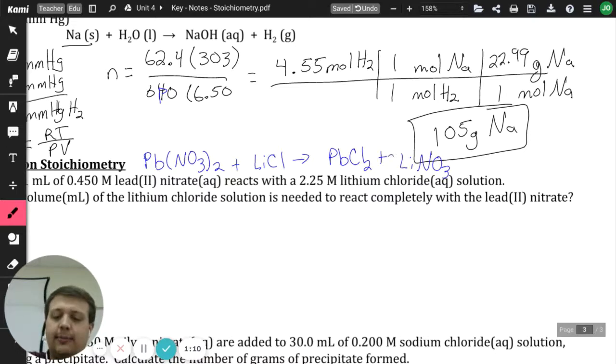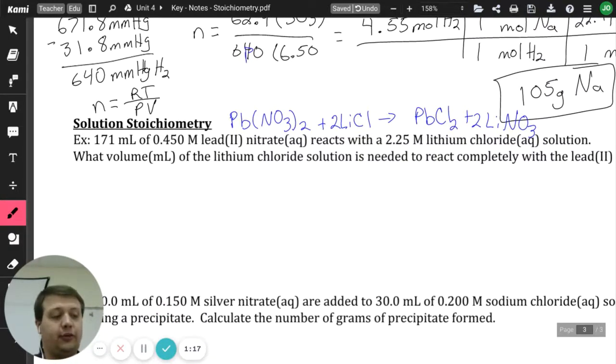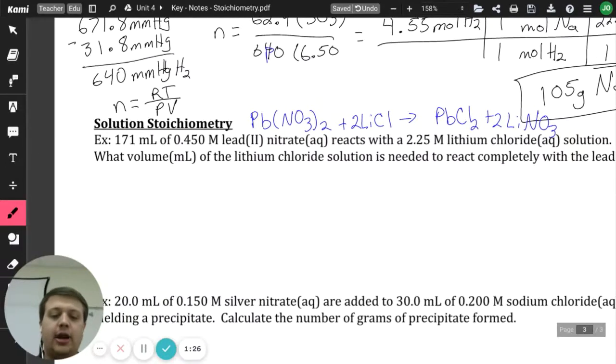We would need to go back in and balance, which would be a 2 there and a 2 there. Okay, so now we're going to solve this problem. So the problem says, what volume of lithium chloride is needed to react completely with that lead-2 nitrate?